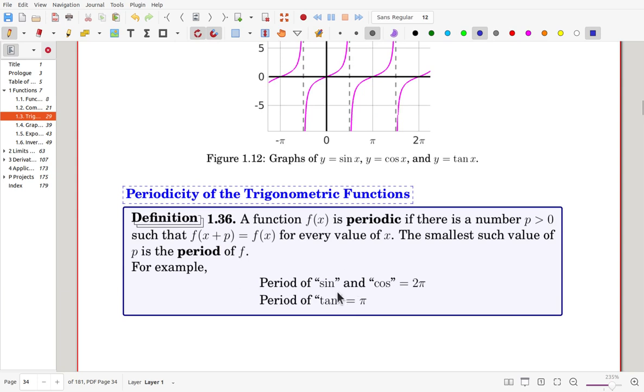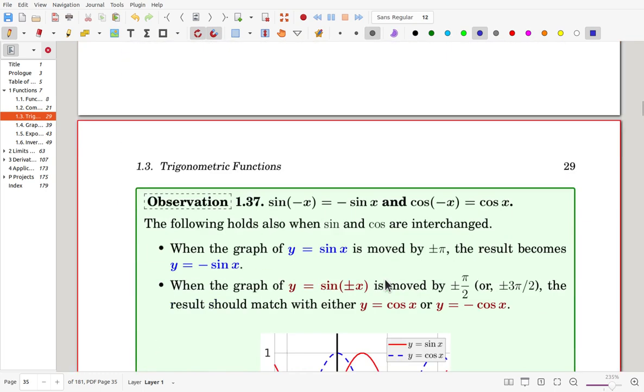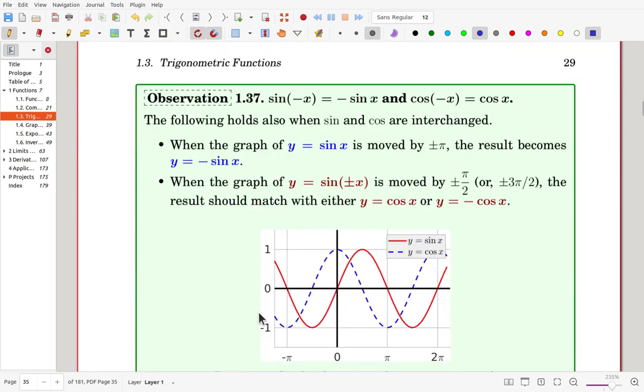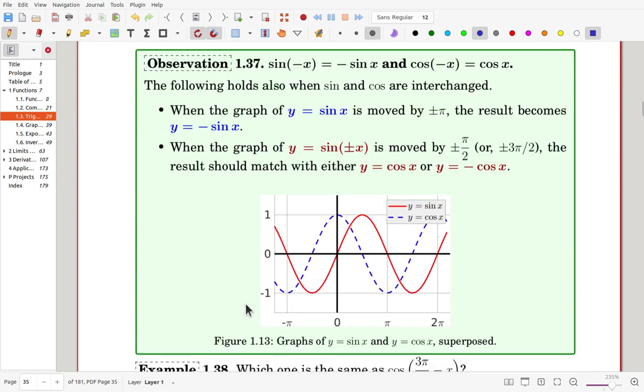So it is here, put these 2 lines. Okay. Now we'll observe a little bit. If we put the graph of sine and cosine together, then we can see something. Now sine, the red curve: if you think of x here, then the value at x will be this one.